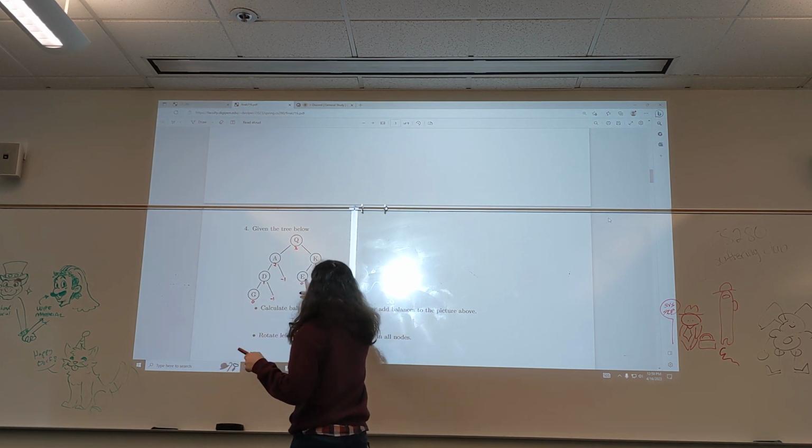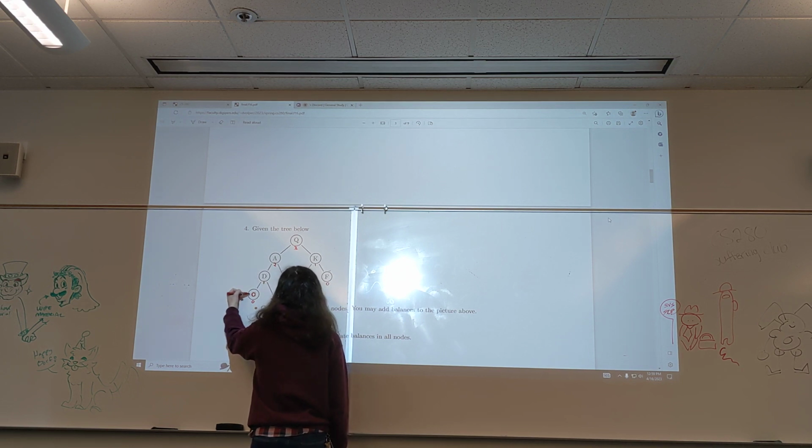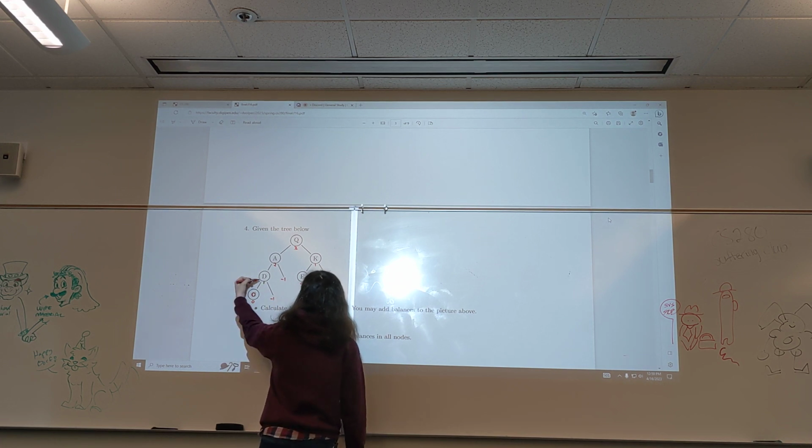I'm going to write the balance directly on the letter. So this one, difference of its children is 0 because they're both -1. This we don't actually define a balance for because it's not actually a node. This one has a height of 0 and a height of -1, so its balance is 1.